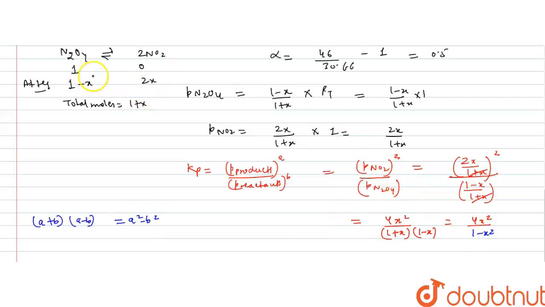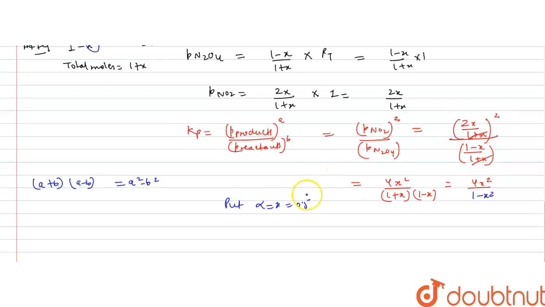Now we have assumed X is the dissociated amount, and we have calculated alpha, that is the degree of dissociation, as 0.5, by relating it with the vapor density. So we can put X equal to 0.5 here, so it would be 4 into 0.5 square upon 1 minus 0.5 square.